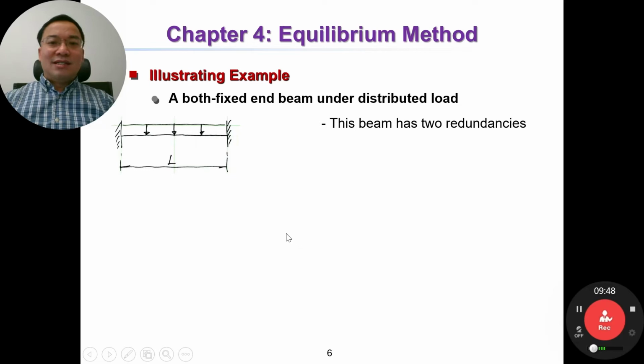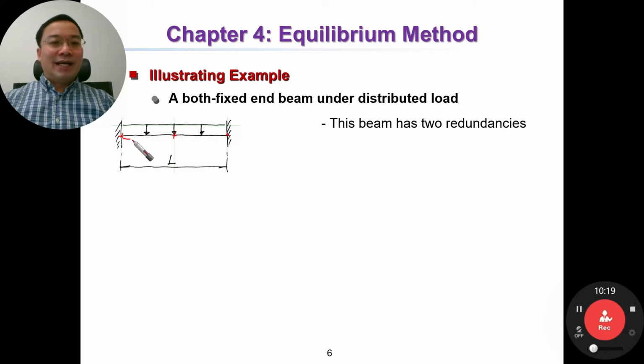The second question is how many plastic hinges are needed for a collapse mechanism? Three, right? One here, one here, and maybe one in the middle.